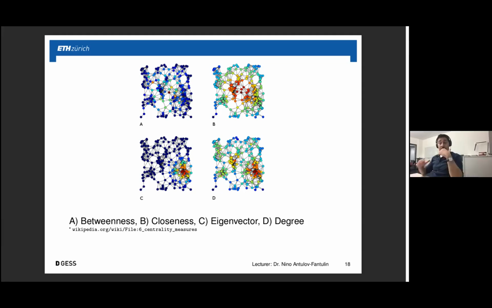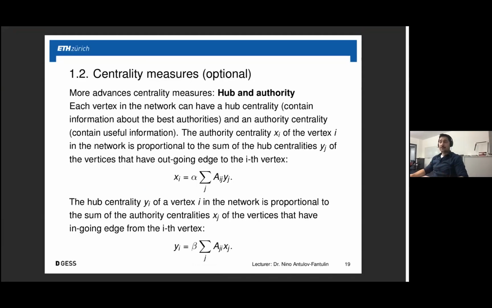So as I was saying, looking at different centrality measures, we would end up with different views of what is important. It is very important to know that they are painting different pictures of what this structural importance is telling us. There are more advanced centrality measures.